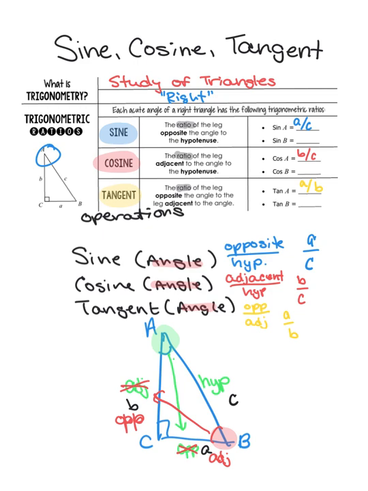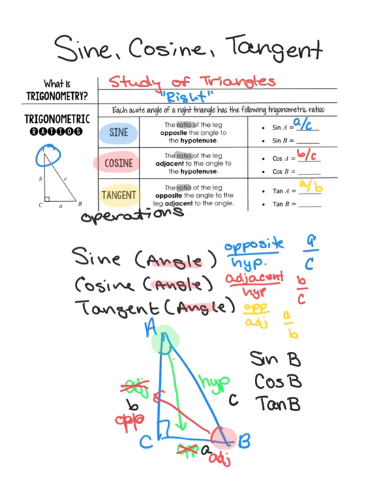My opposite and adjacent change because my angle changed. My sine can be abbreviated SIN, but we don't call it sin because it's not a sin, of B. My cosine can be abbreviated COS, but we don't call it cos, it's cosine. And my tangent can be abbreviated TAN, but there's no sun in here because it's kind of raining outside, so we're not getting a tan. We're going to call it tangent of B.